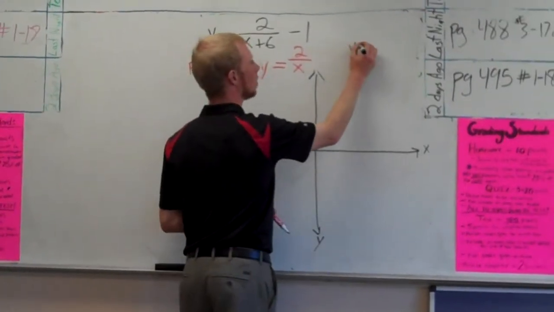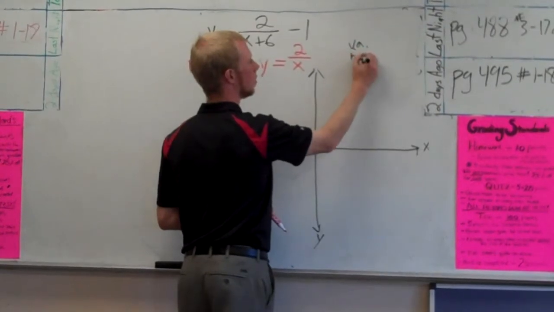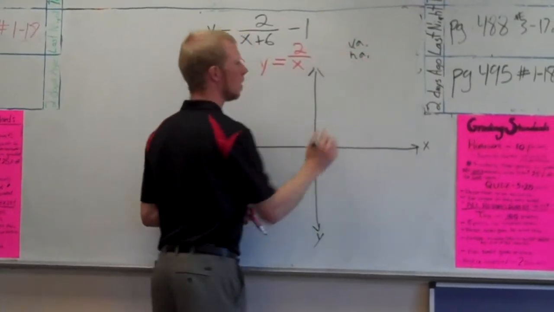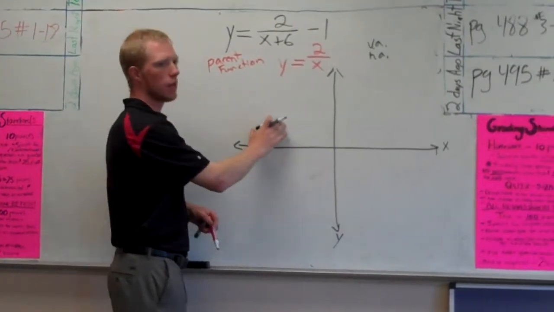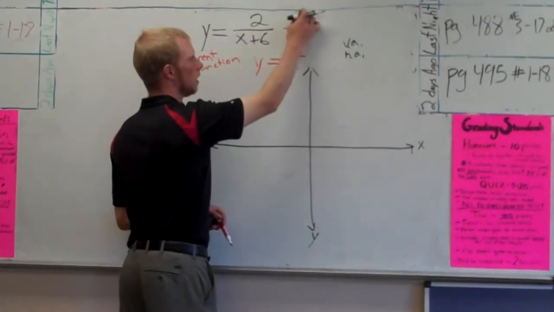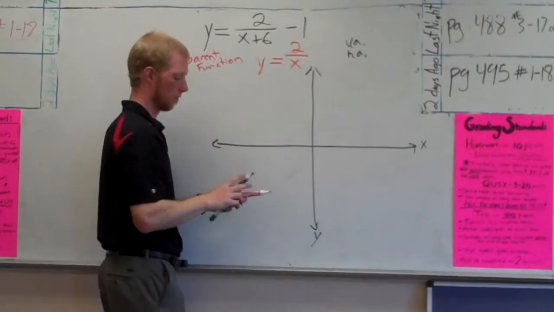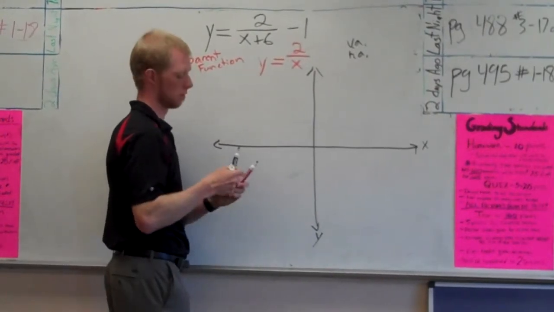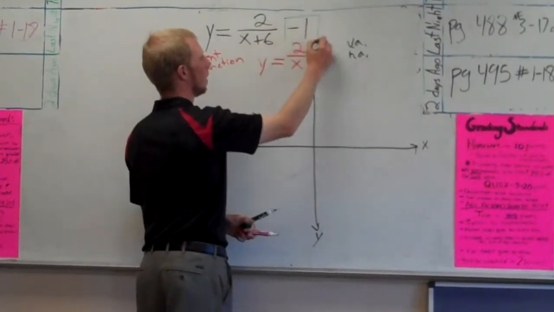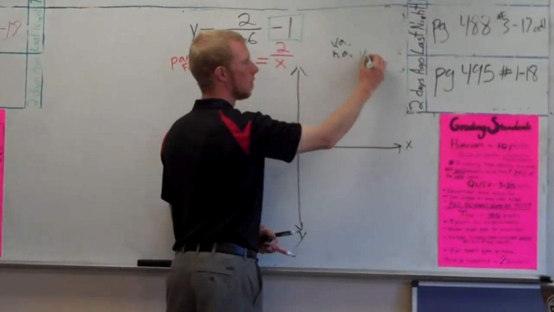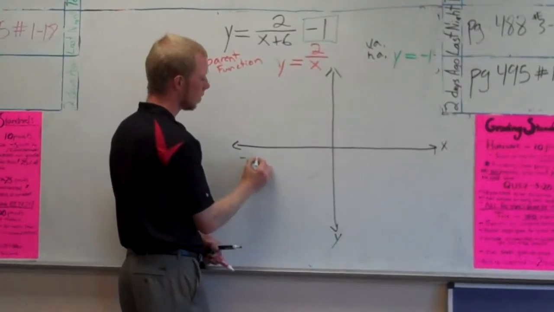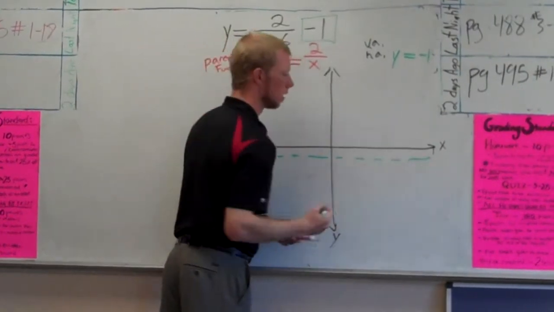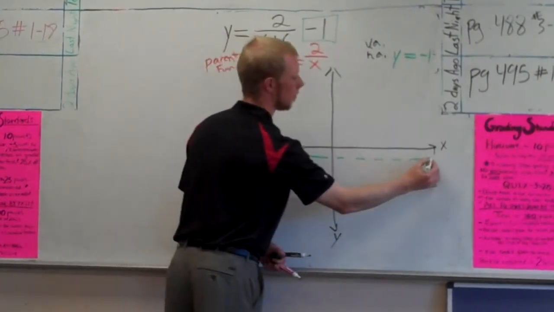You have a vertical asymptote and a horizontal asymptote. From our last example, we know that the horizontal asymptote will always be this number right here. And horizontal will always be y equals a number. So y equals -1 becomes my horizontal asymptote.